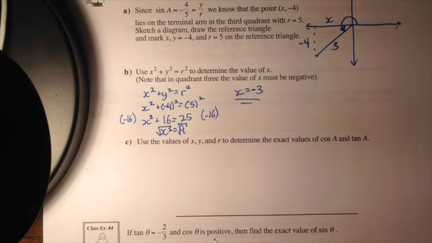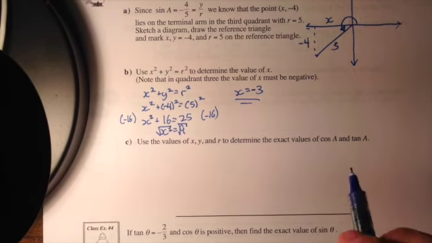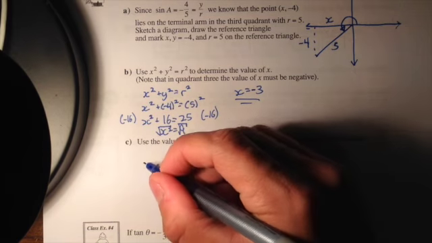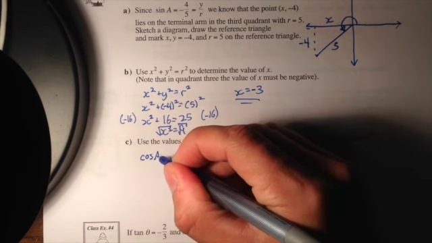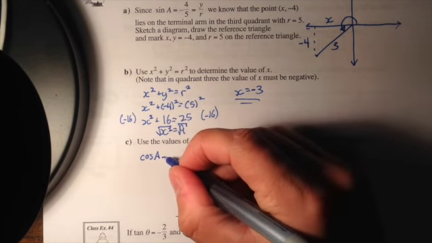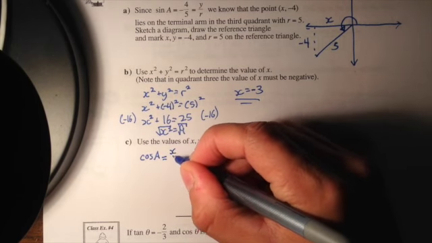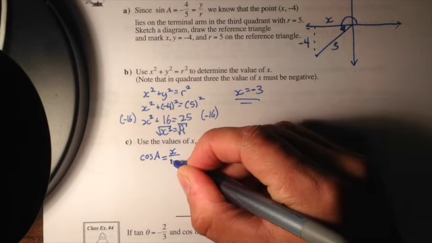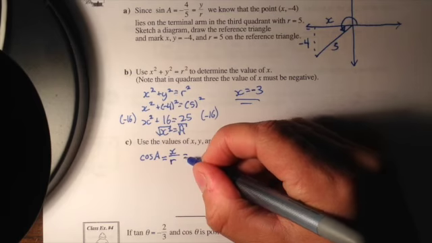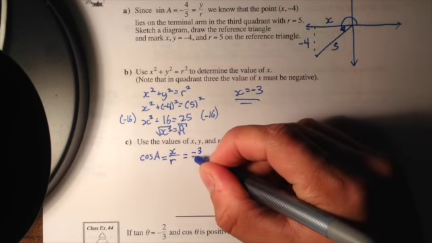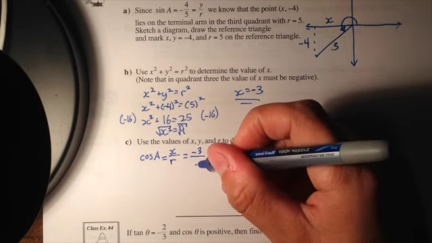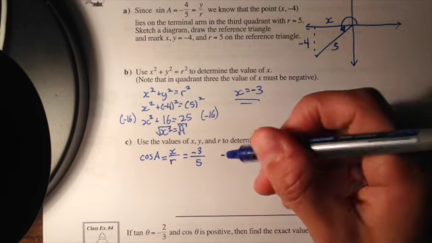For part C, let's use the value of x, y, and r to determine the exact values of cosine A and tan A. So let's begin with cosine A. If I have cosine A, I know that that is equal to x divided by r, which is equal to negative 3 divided by 5. And we can just leave it like that.